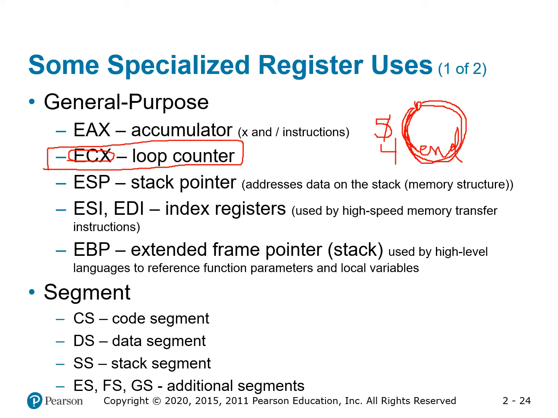You can't change that register. So there's all these specialized registers that you're going to be learning about as we program. You don't have to memorize again any of this. It's just an introduction to what you're going to see in the rest of the class.